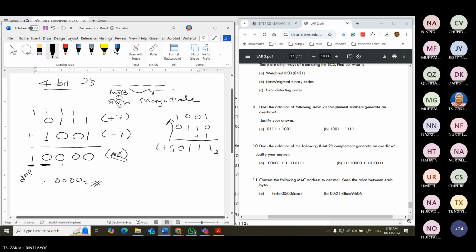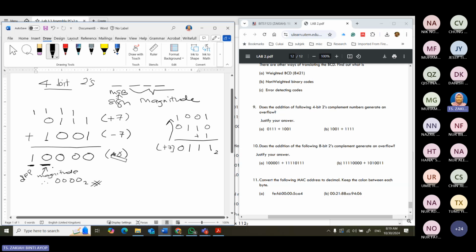So now, when we do some calculation like 1 plus 1, and then it is 2, and there's an extra bit that it needs to carry out to the next bit. If there is an extra bit that should be a magnitude itself, so when the sign bit becomes a magnitude, which is supposed to be a sign bit itself, the position should be a sign but was replaced by the magnitude, then that's overflow.